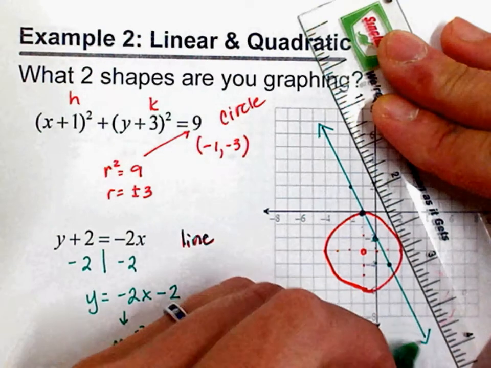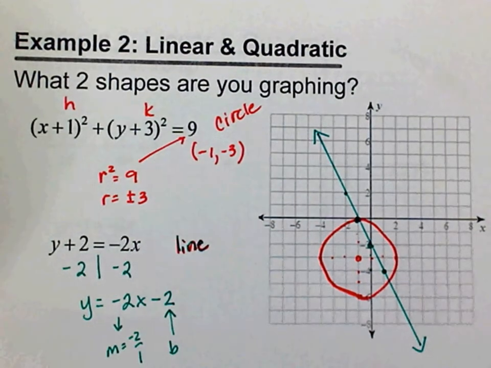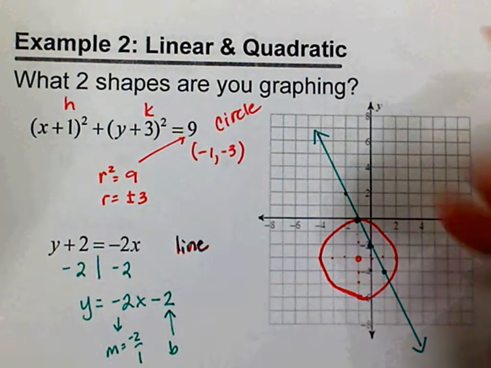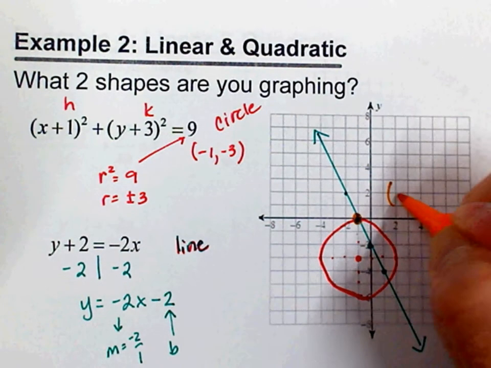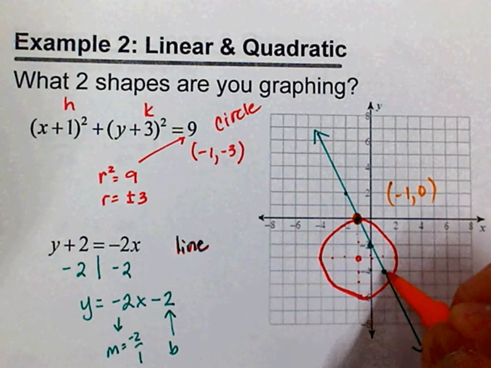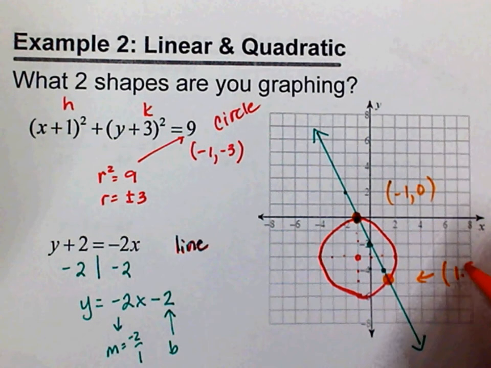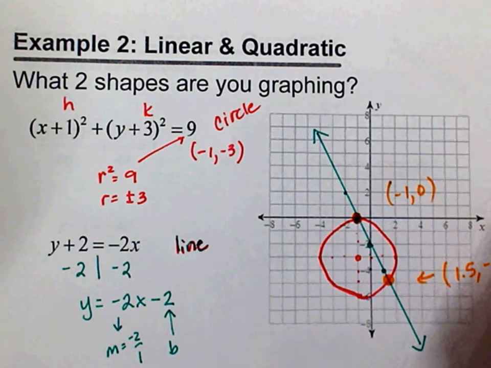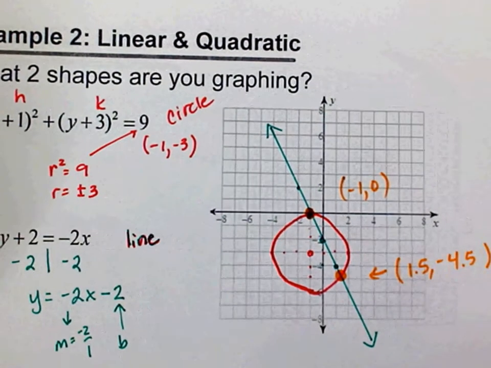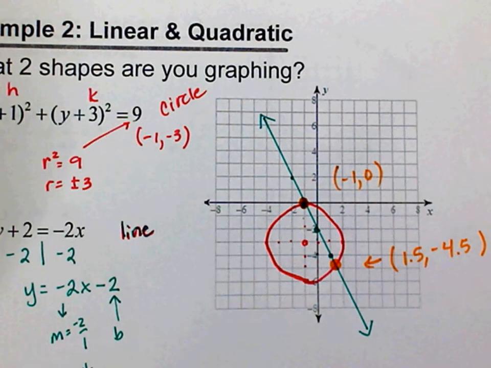And there you have your graphing. So, where are you crossing? Right here. That's -1, 0. And your intersection is right there, looks like 1.5 and -4.5. Okay? So write your intersections. Just estimate it based on what you see on your paper.